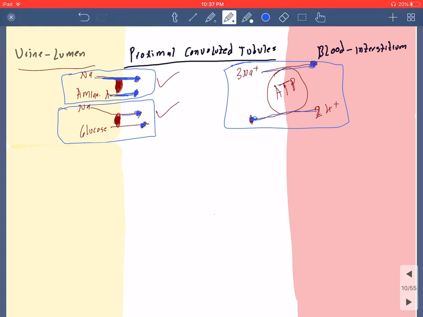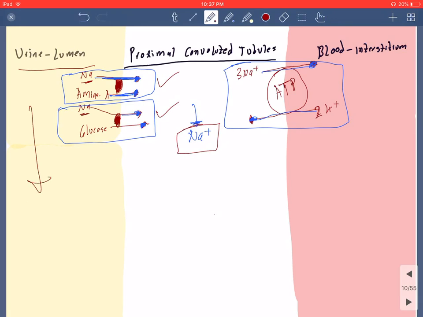What that causes is a very low intracellular sodium concentration. If we have a very low intracellular sodium concentration, the sodium here on the urinary side is able to easily go into the proximal convoluted tubular cells.